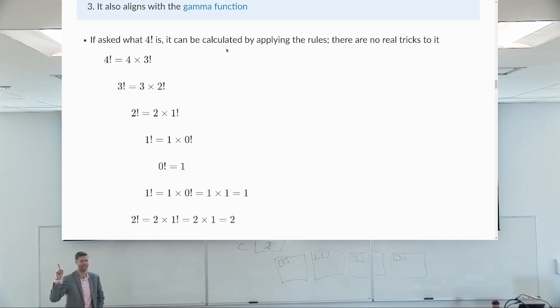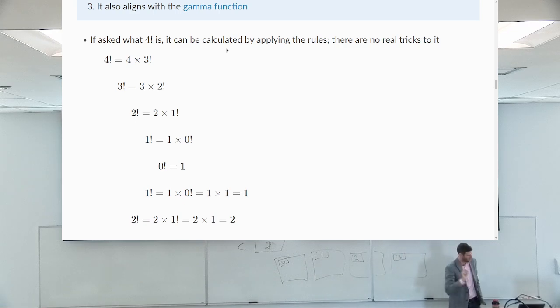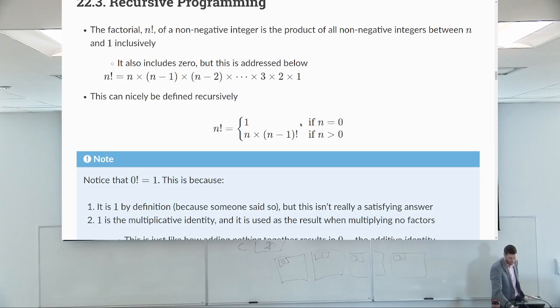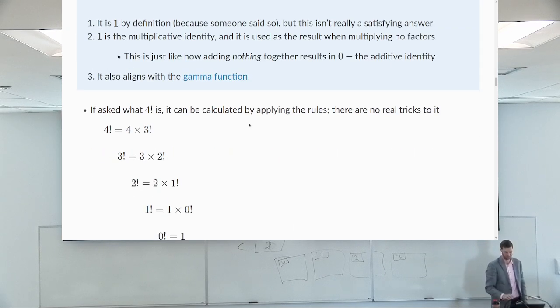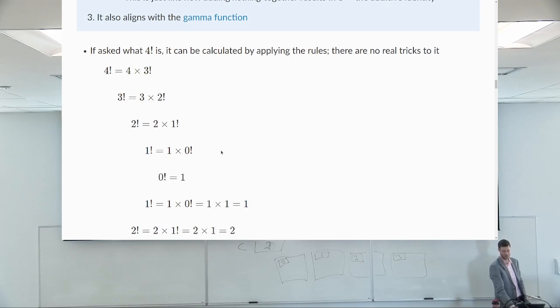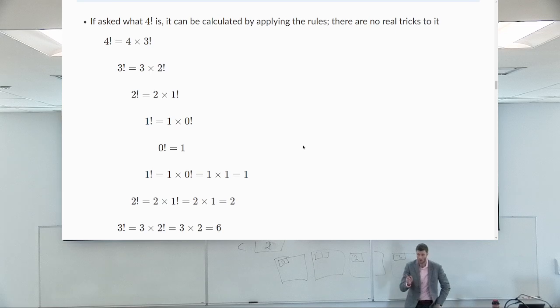I don't need to ask any more questions. I can answer that precisely. 0 factorial is 1. Why? It just is, because the definition said that when n is 0, it's 1. So 1 factorial, which was 1 times 0 factorial, is 1 times 1, which is 1.